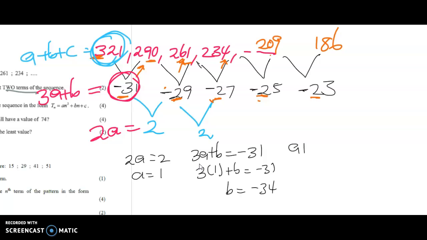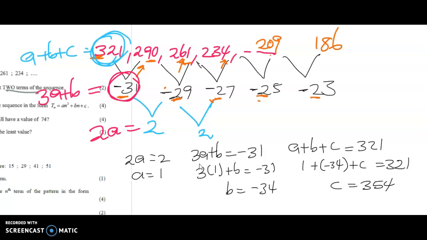So a plus b plus c is equal to 321. So a is 1, plus b, which is negative 34, plus c is equal to 321. So you have 1 minus 34, which is negative 33. Negative 33 plus c equals 321, so c is 321 plus 33, that is 354.